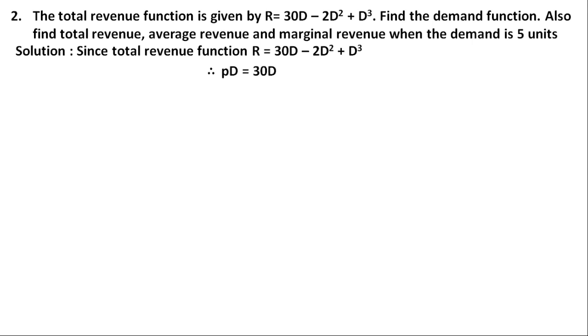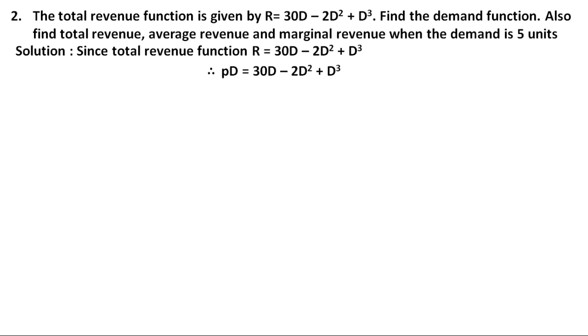Therefore, P into D is equal to 30D minus 2D square plus D raised to 3. See, R is equal to P into D. Revenue is P into D.